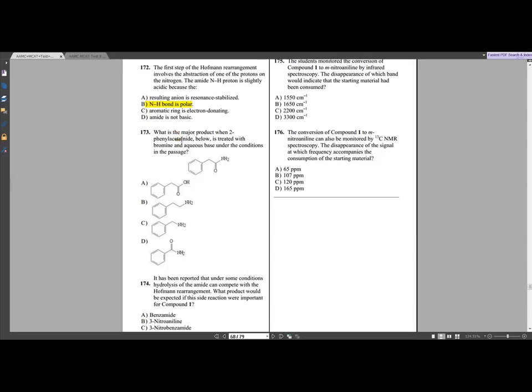I mean, inductive effects. What is the major product? I always get these wrong.